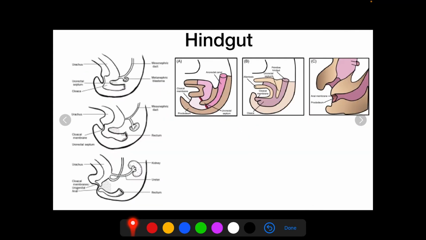Regarding the hindgut, as we say, the end part of the yolk sac, the canal that forms from the yolk sac, is called the hindgut. They form a membrane or septum in the last part of the hindgut.